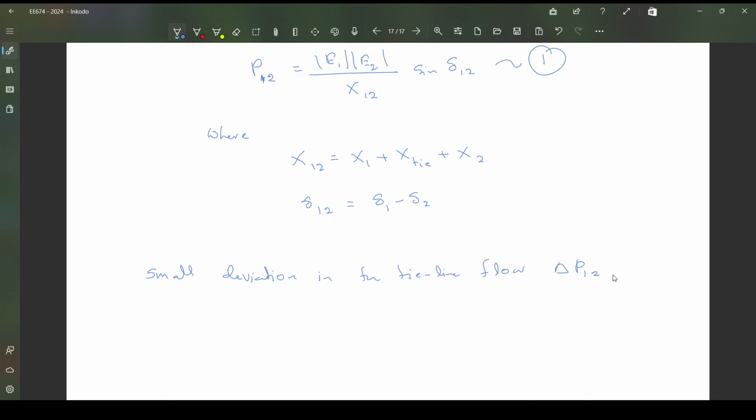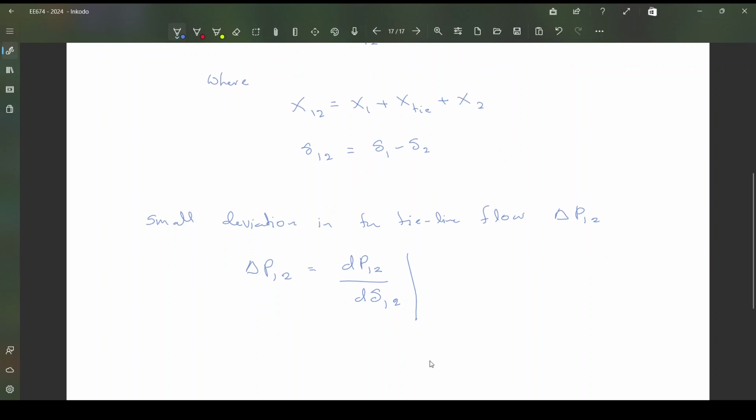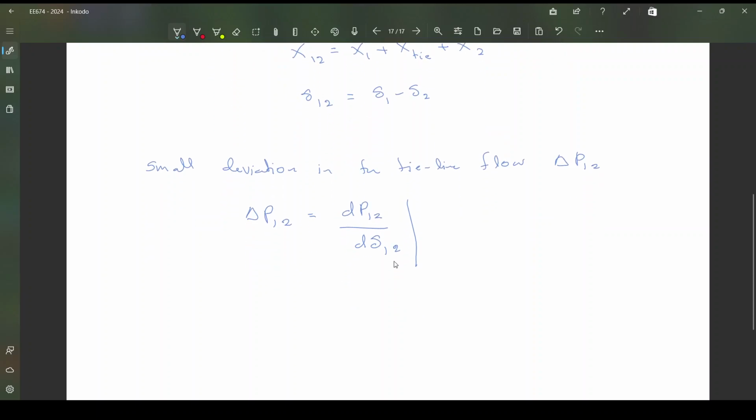From equation 1 we can say delta P12 is equal to dP12 over d delta 12, at the initial angle delta 12 0.